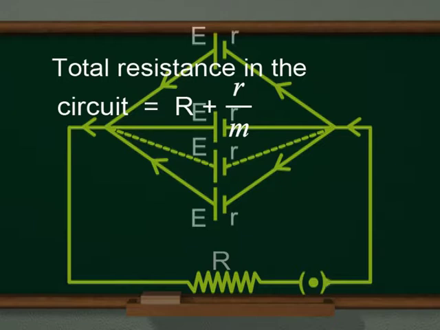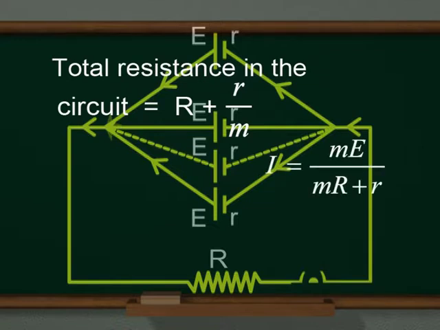In parallel combination of identical cells, the effective EMF in the circuit is equal to the EMF due to a single cell, because in this combination only the size of the electrodes increases, but not the EMF. Therefore, current in the resistance R is given by I equal to m into E upon mR plus r.